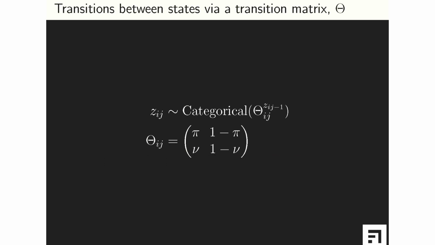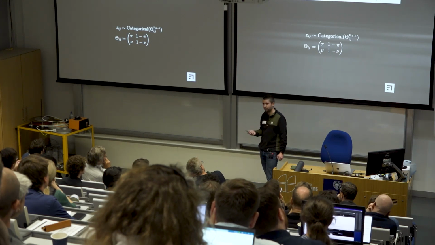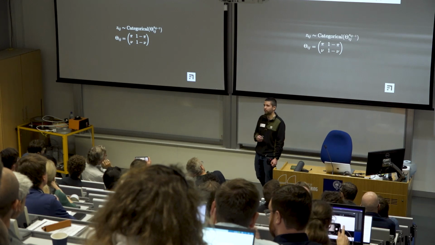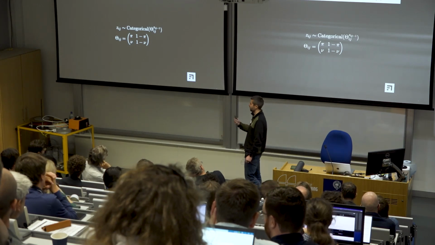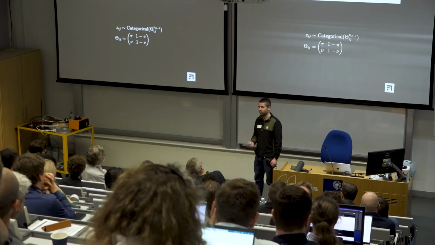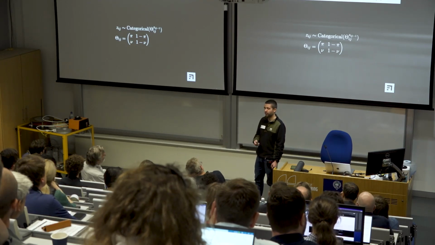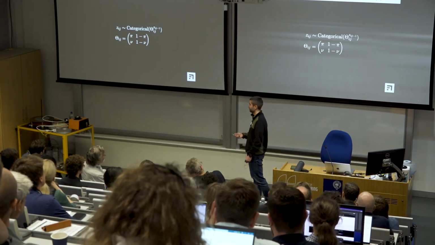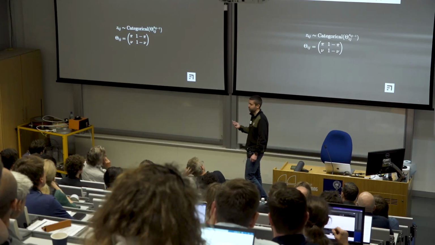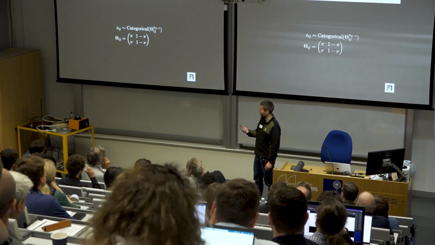The current state is only dependent on the previous state, and that is dictated via a state transition matrix, capital Theta, where the rows are the state at the previous development time point and the columns are the state at the current time point. So pi is the probability of being in the body at j minus 1 and transitioning to the body again at time point j, 1 minus pi is the probability of being in the body and transitioning to the tail, and vice versa for 1 minus nu, tail to body, and nu, tail to tail.